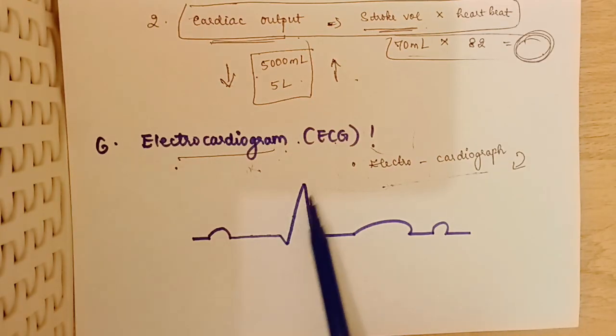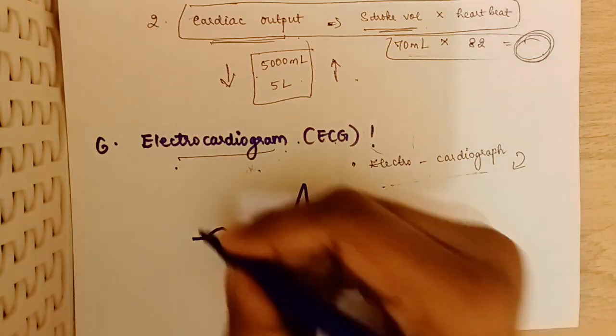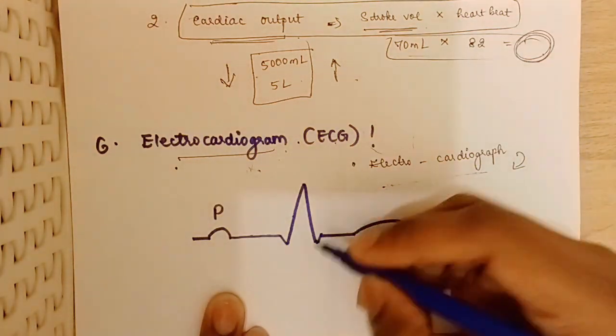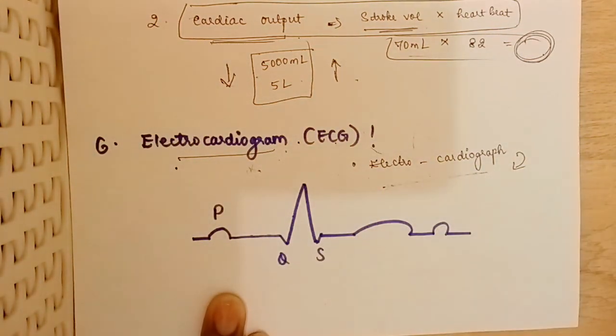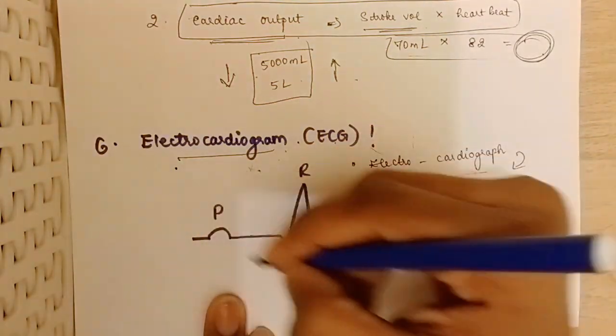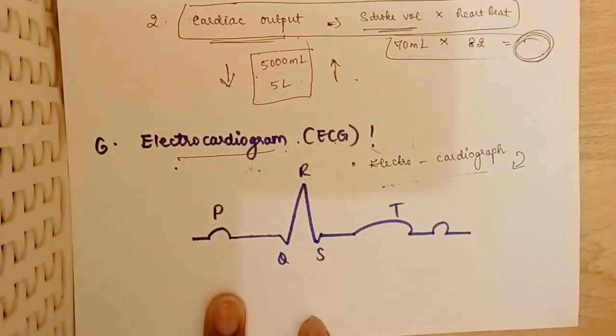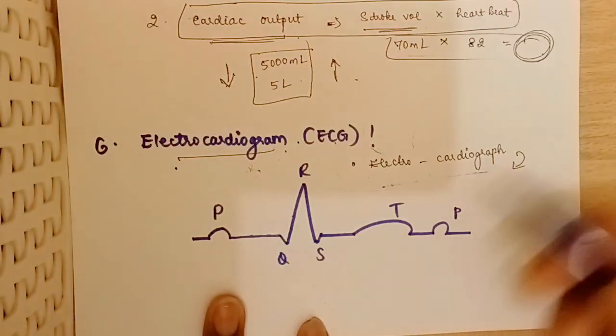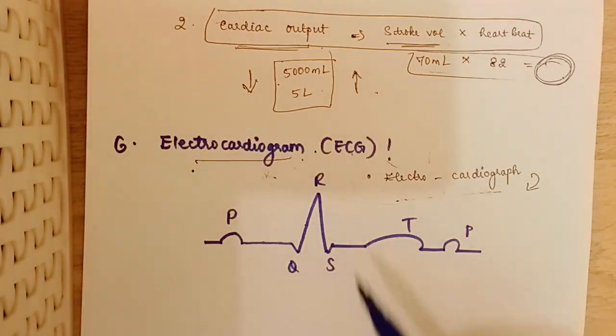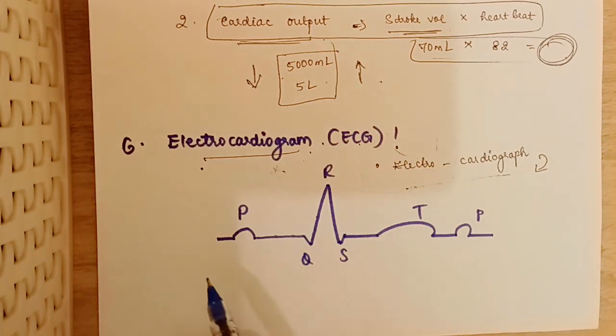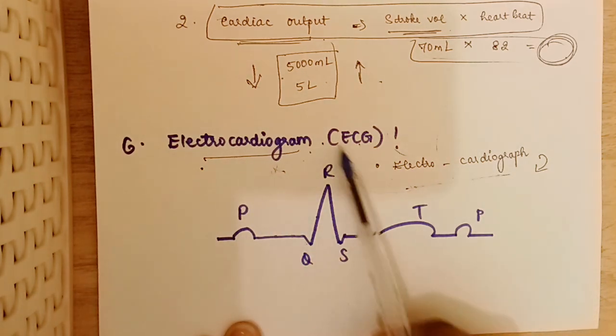Now what do these different symbols tell us? We represent it as P, Q, R, S, T. This is again P. This is repeating again. So P, Q, R, S, T. This is the standard electrocardiogram. In exams, they will give you this cardiogram and ask you to label P, Q, R, S, T.